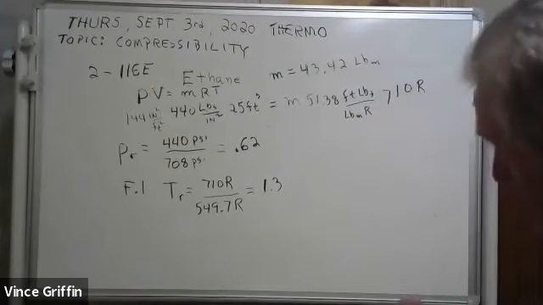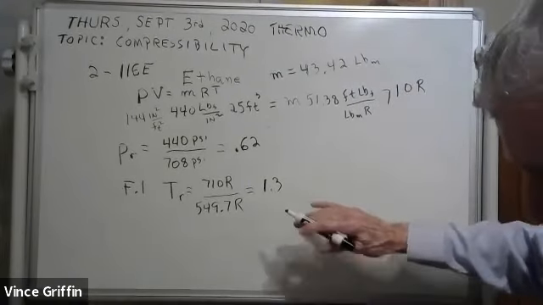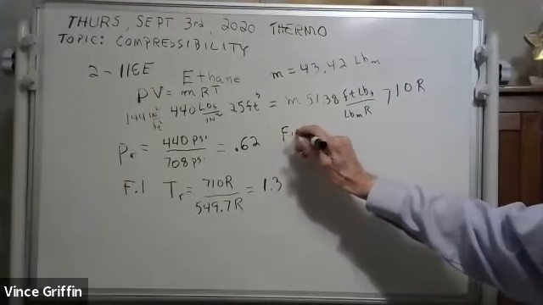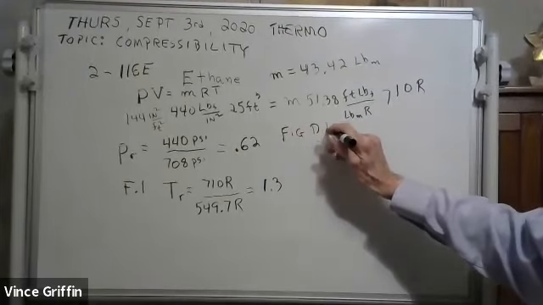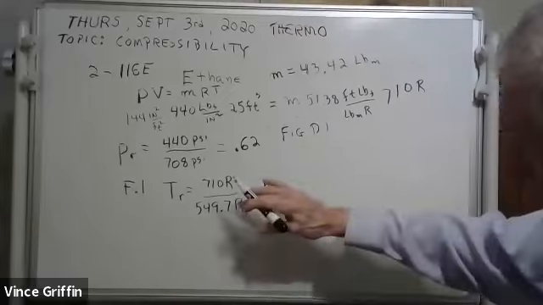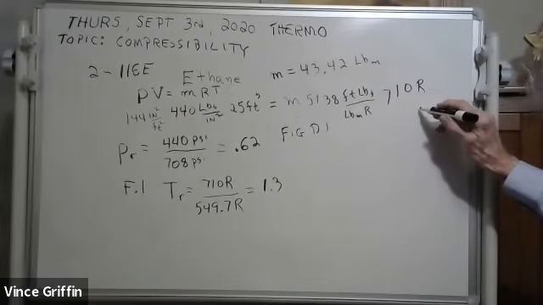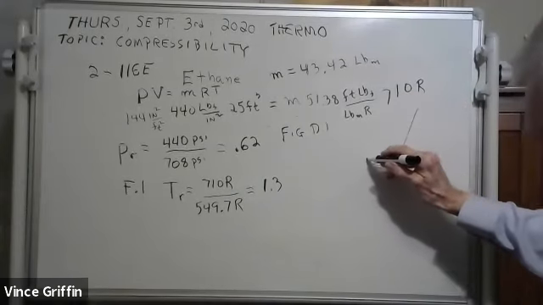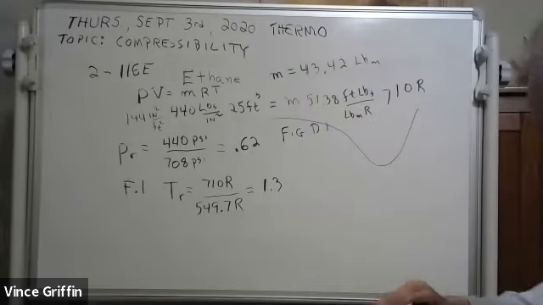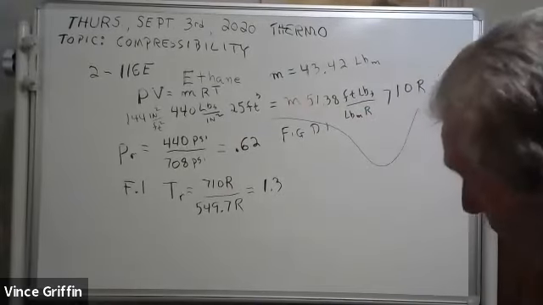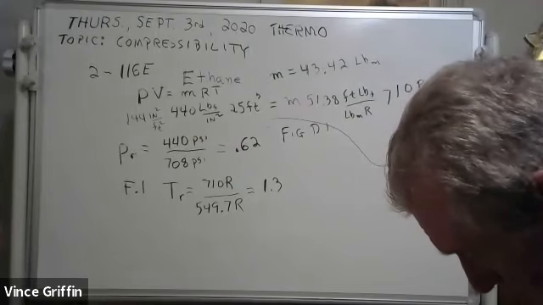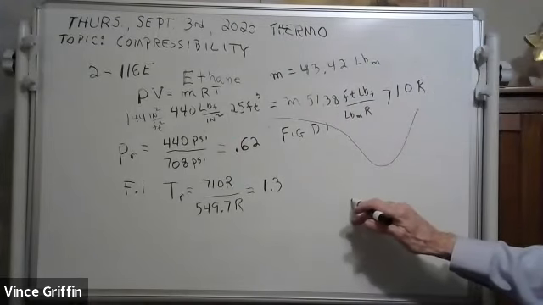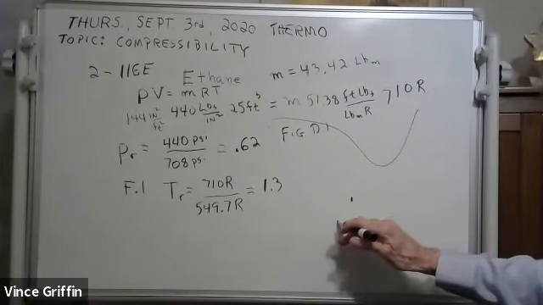Now 1.3 on this graph, it's in Figure D.1. We're going to look at Figure D.1. And the 1.3 is a line that kind of comes down and goes over like that. And the 0.62 is down here.